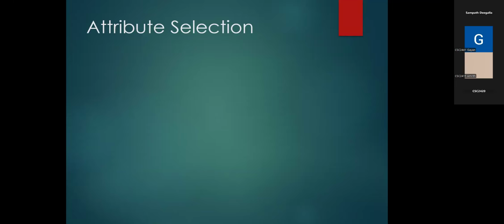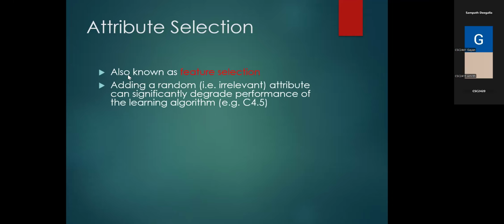Right. Now, as I told you in the beginning, we can focus on two things: attribute selection or feature selection, which means you are selecting a subset of attributes.